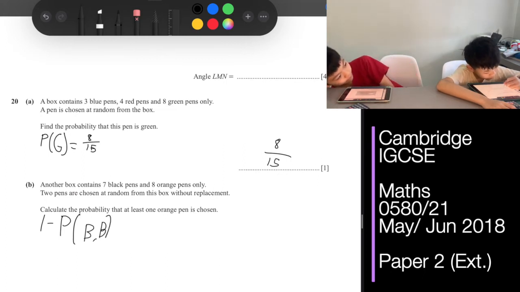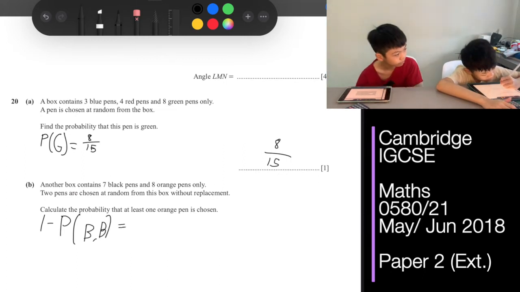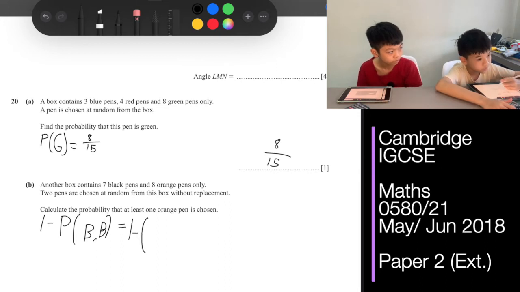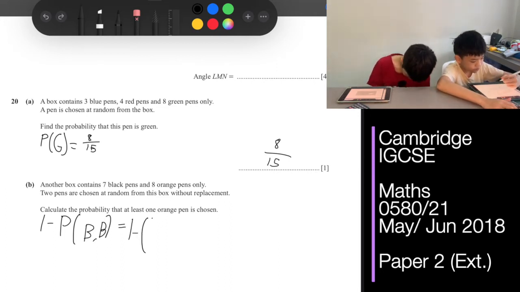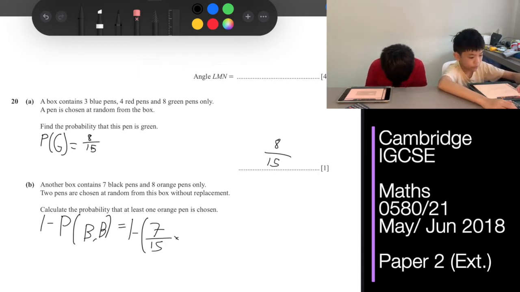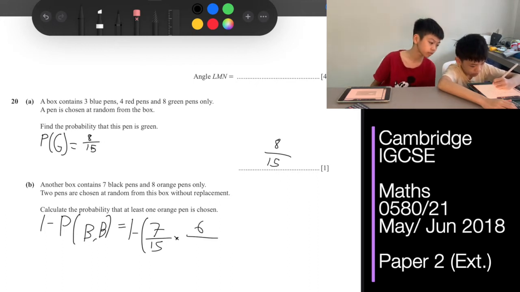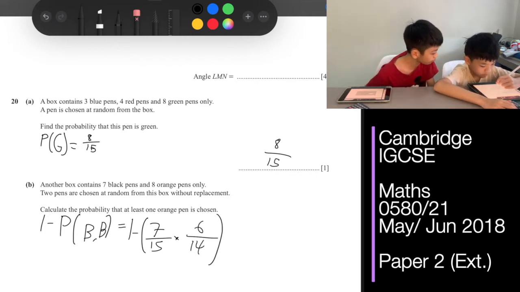1 minus the probability of B, which is black, and then black again, which is equal to 1 minus the probability of getting black, 7 over 15, times 6 over 14.